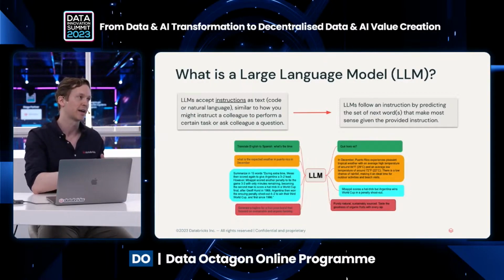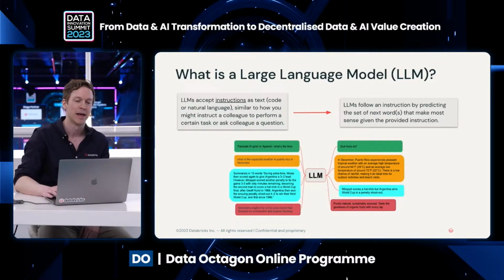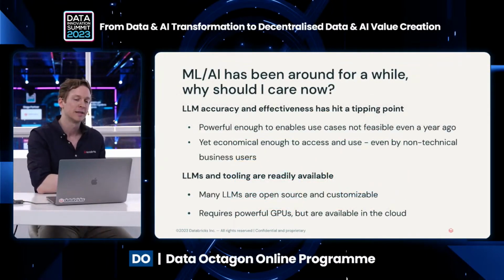But also they accept instructions in natural language, and that's the easiest way for us, of course, to communicate. They have been around for quite a while, but why suddenly is there this large interest? Because recently a kind of breakthrough has been shown with ChatGPT, of how powerful they actually are.